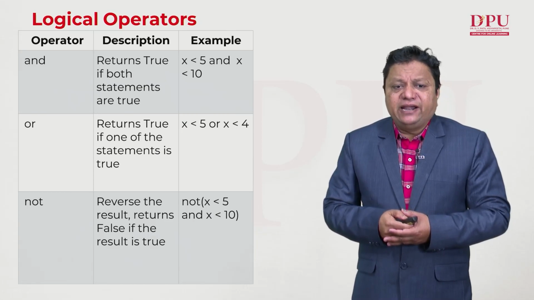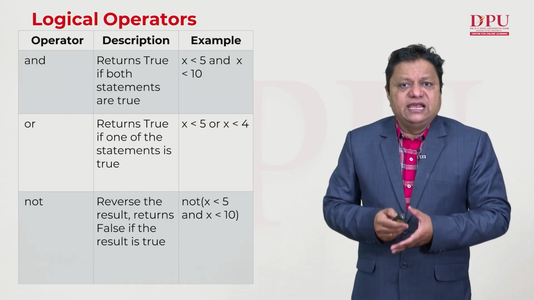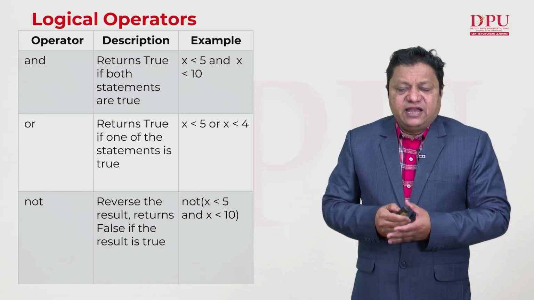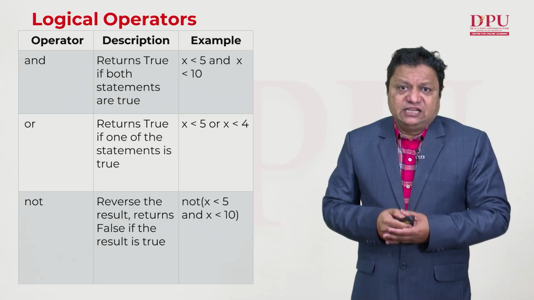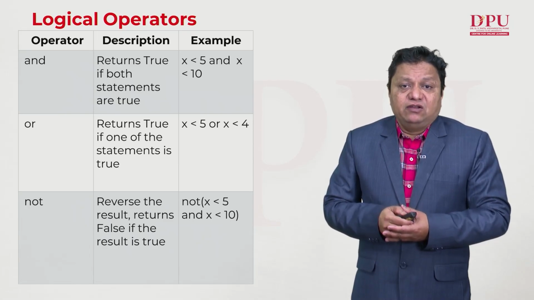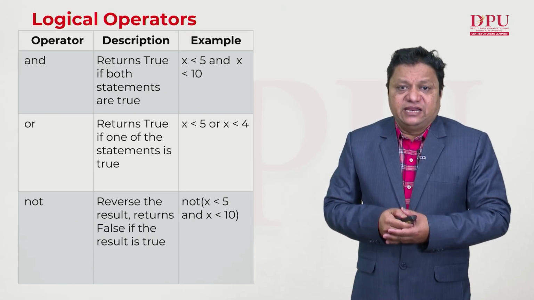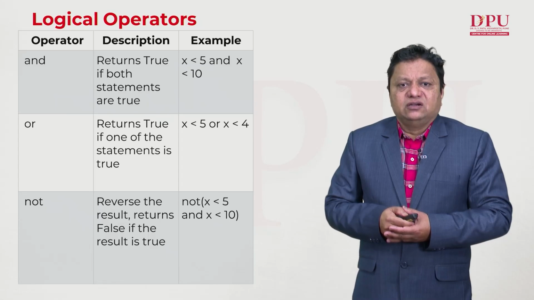For example, AND returns true if both statements are true. Say, for example, x less than 5 and x less than 10. If the value of x is less than 5 and at the same time the value of x is less than 10, then this statement will give me true.